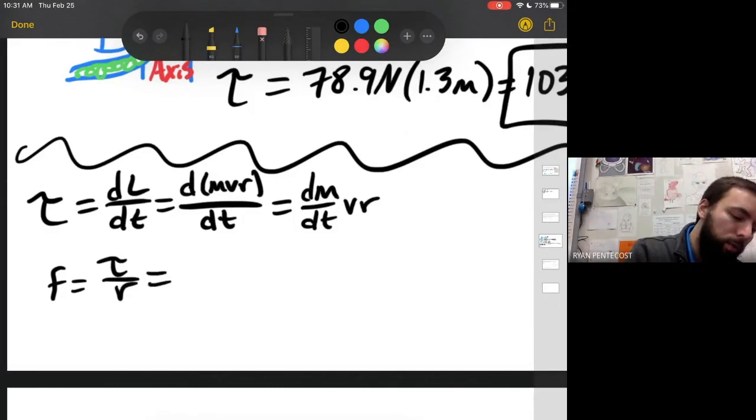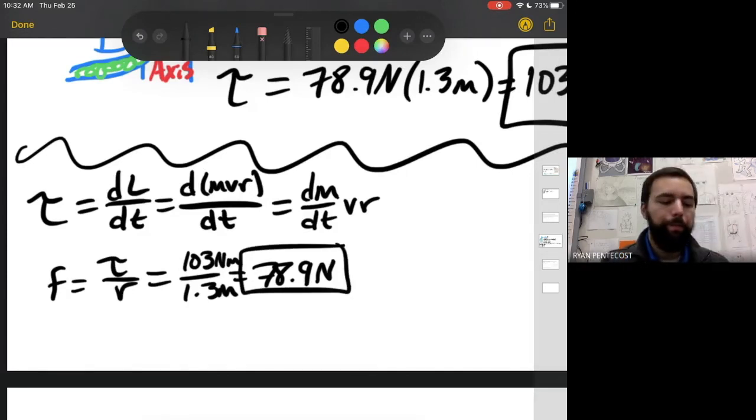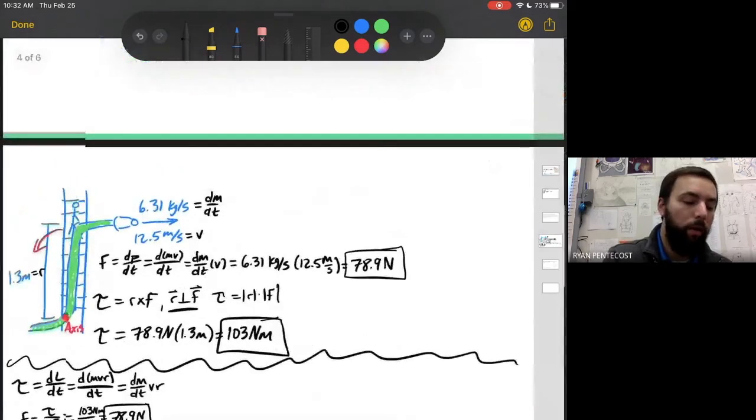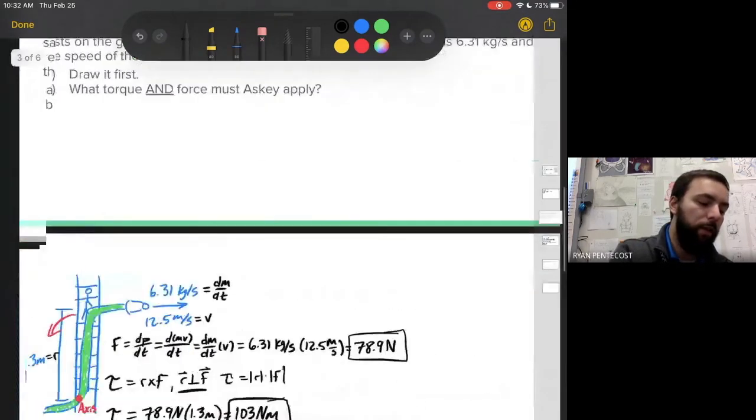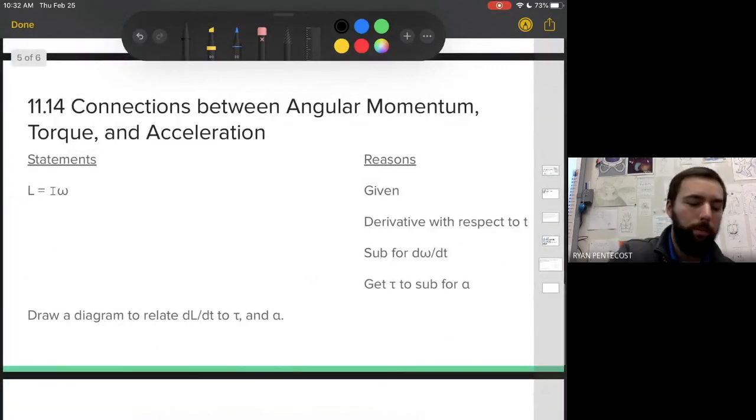So then this would be your 103 divided by 1.3 to get your 78.9. So that is another way that you could do that. I just chose to do that arbitrarily, force first, torque second. Okay, both of those are going to give you approximately the same answers.